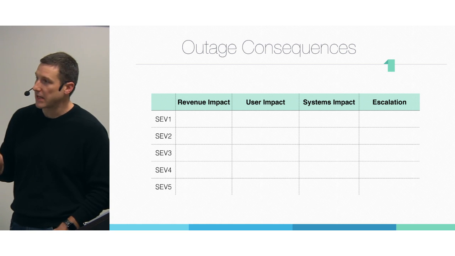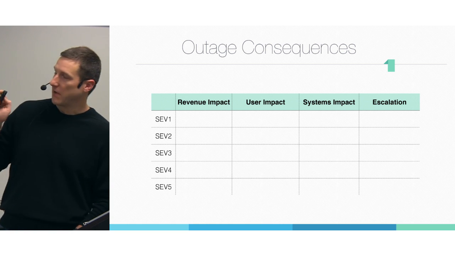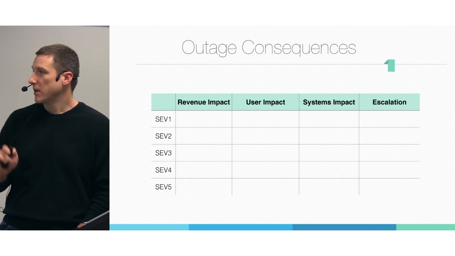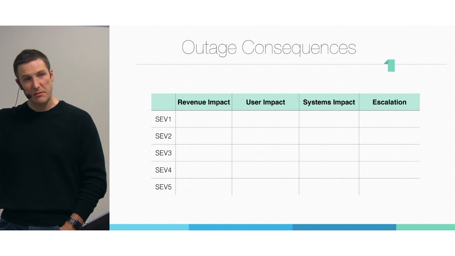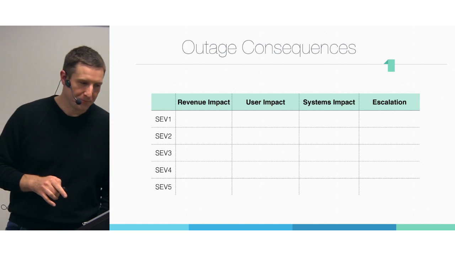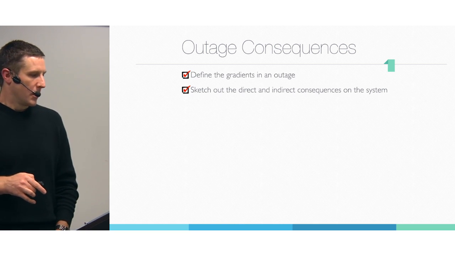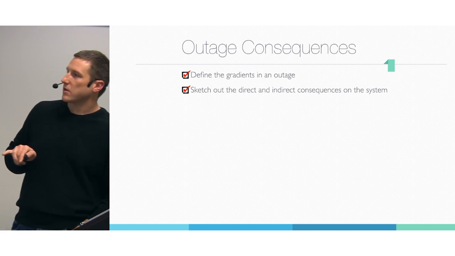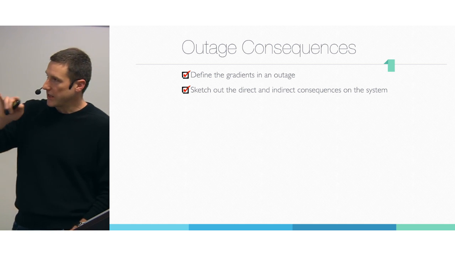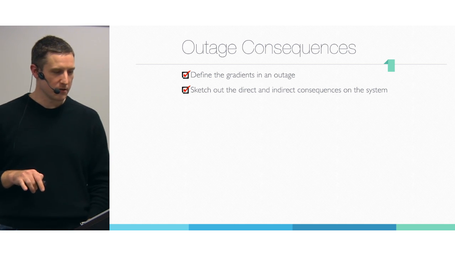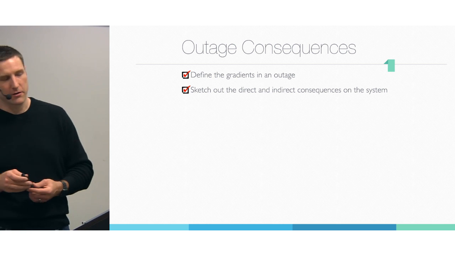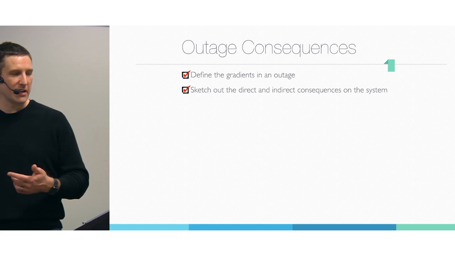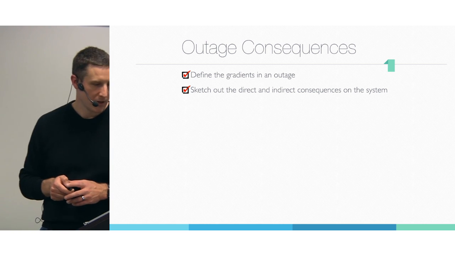But you need to ask those questions before you go into production, because at month 18 when something goes sideways, that's when this pre-planning goes into effect. The indirect and direct consequences of an outage at each one of those severity levels is not necessarily the most pleasant thing to have to go and figure out, but that dramatically changes and enables the organization's response.